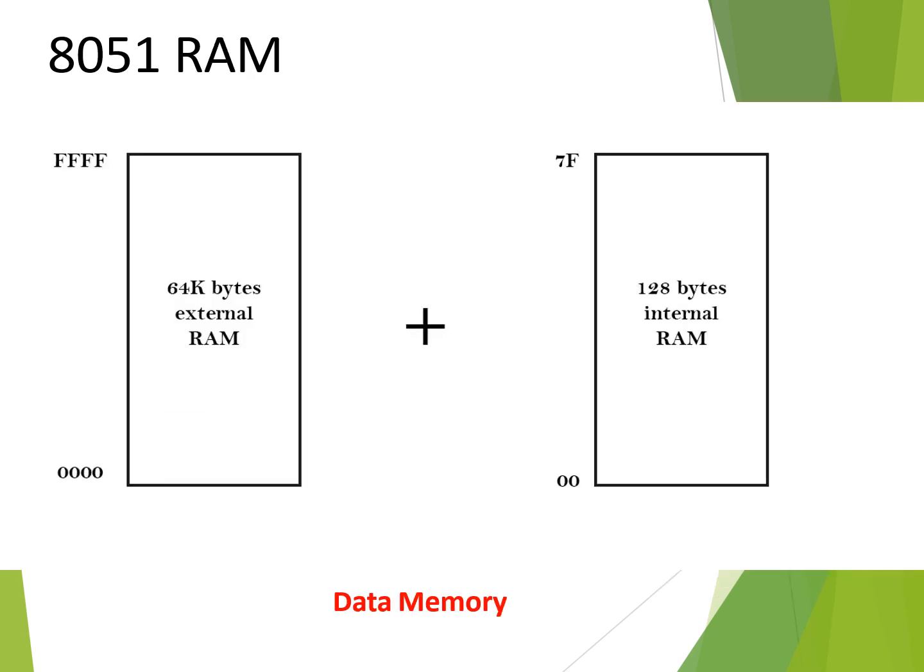Coming to the 8051 RAM organization, internally it is available with 128 bytes of RAM memory, and it can access up to 64 kilobytes of RAM memory. So your 8051 microcontroller can use 128 bytes of internal RAM, along with which it can access 64 kilobytes of externally available RAM memory.